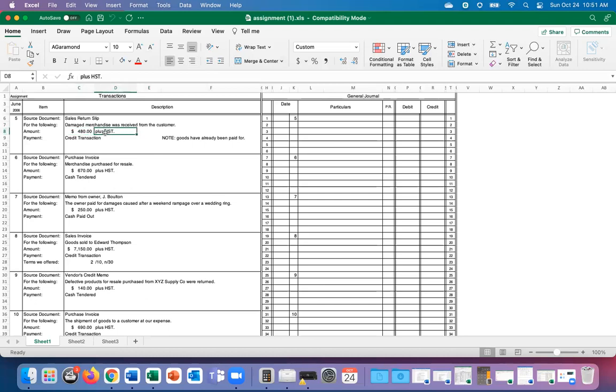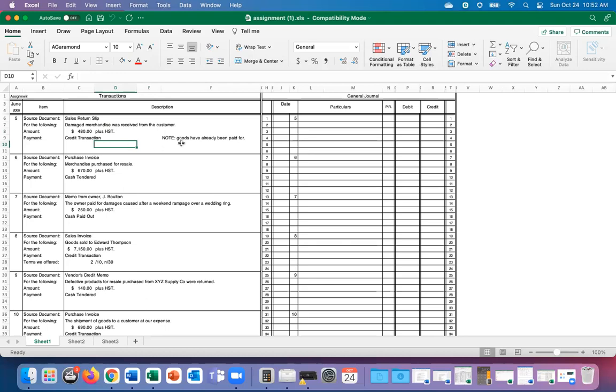So as I said earlier, this one is very much like our HST assignment from before, or our journal HST assignment from before. So either HST payable or HST recoverable will be in play here. The other thing we should look at is this credit transaction. Credit transaction means that the customer paid us on credit.